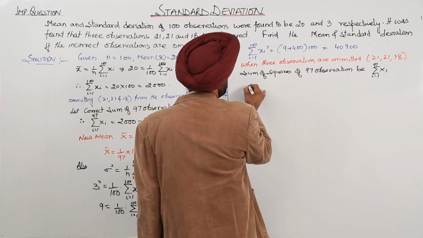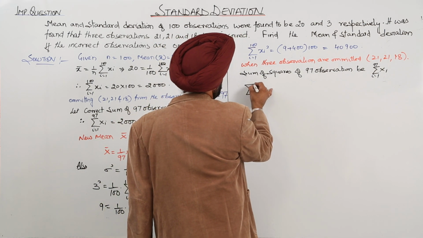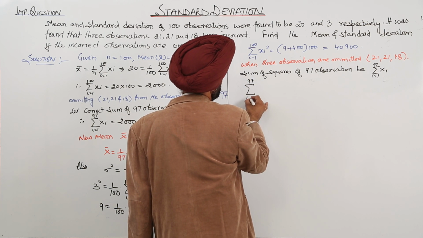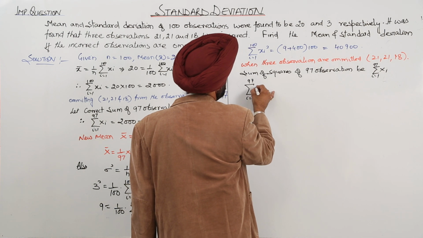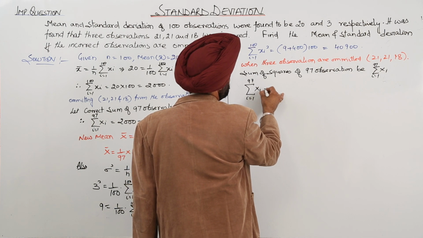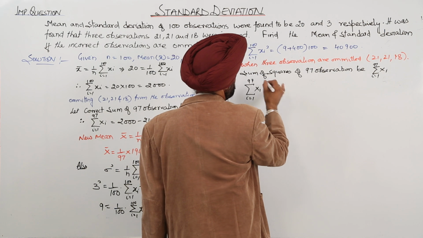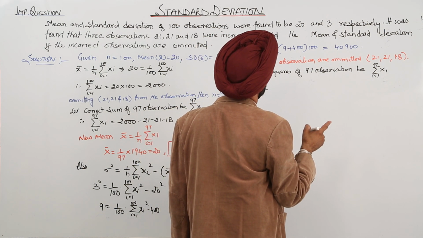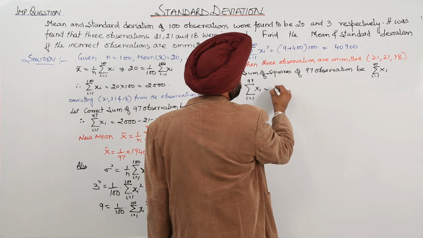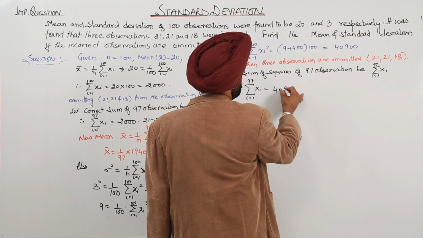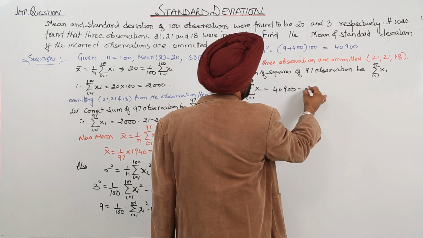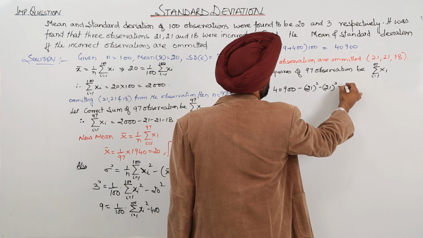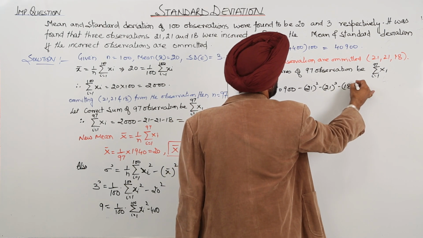Now the sum for 97 is equal to 40900 minus 21 squared, minus 21 squared, minus 18 squared.